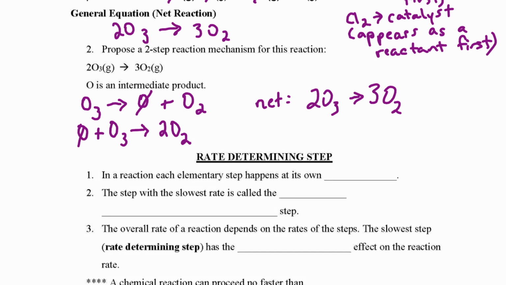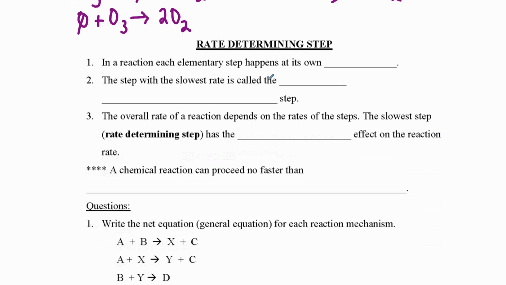Okay, so last little bit here, the rate determining step. Basically, when you have a series of steps, they each happen at their own rate. Okay, but the overall reaction rate is determined by the slowest step, and the slowest step is called the rate determining step, which is sometimes shortened to RDS.